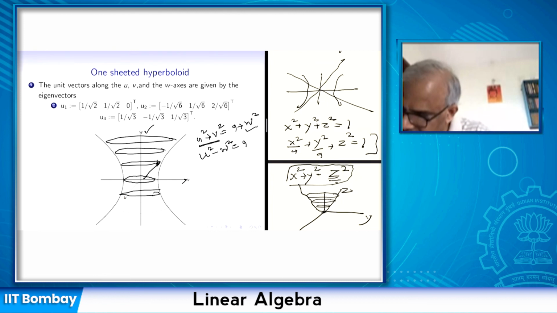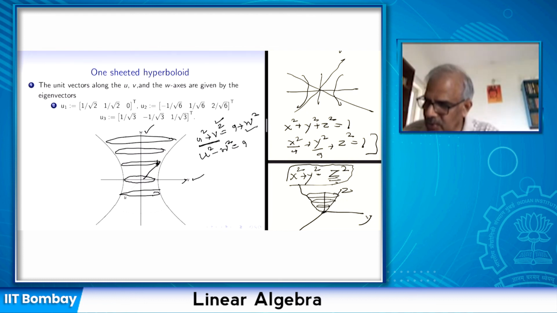If I cut it with planes parallel to the wu plane, putting various values of v, in particular v equal to 0, the uw plane is represented by v equal to 0, and that intersects my hyperboloid in this hyperbola, u square minus w square equal to 9. That is why it is called a hyperboloid of one sheet.